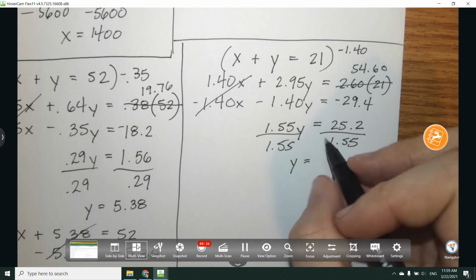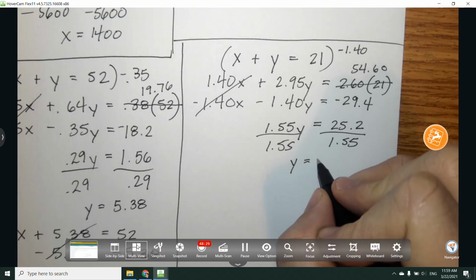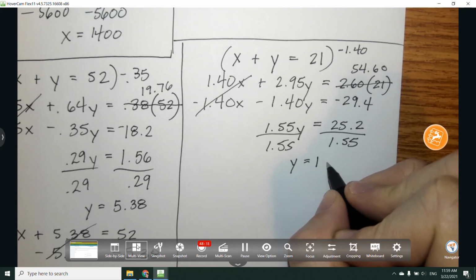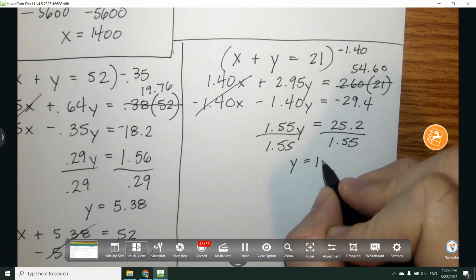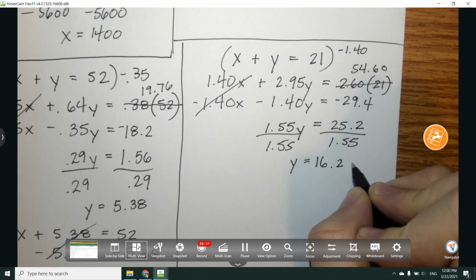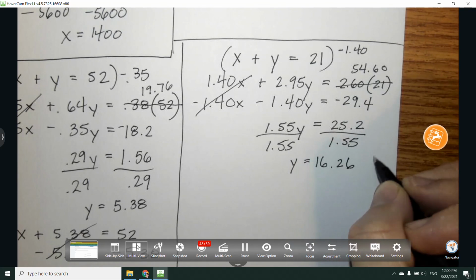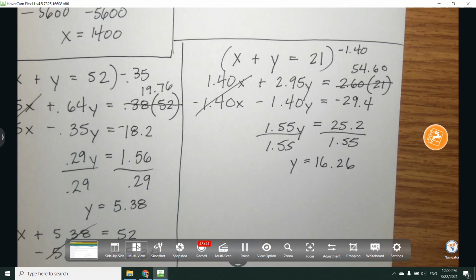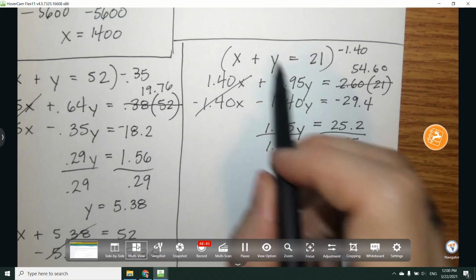Once again, it gives us a pretty funky number, but the $2.95 is 16.26. I have an 8 after that, which made that 5 round up to be a 6. So now we're going to plug this into this equation.